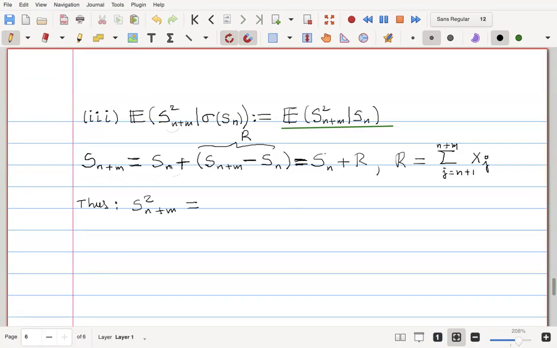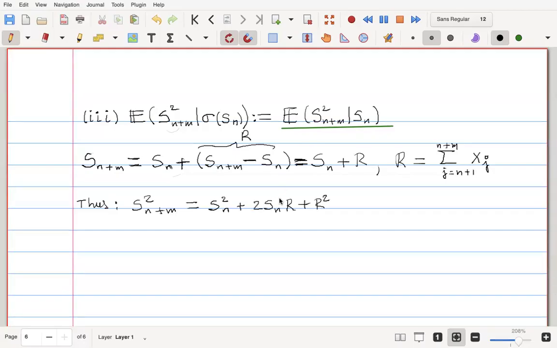Now, if I use this notation, it will be Sn squared plus 2 Sn times r plus r squared. Okay, so that's what this will give us. We just multiply this by itself, or we square this. We use this identity.